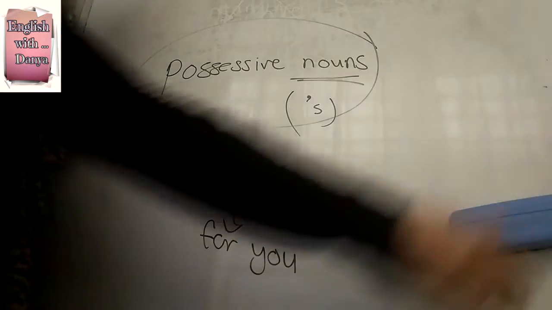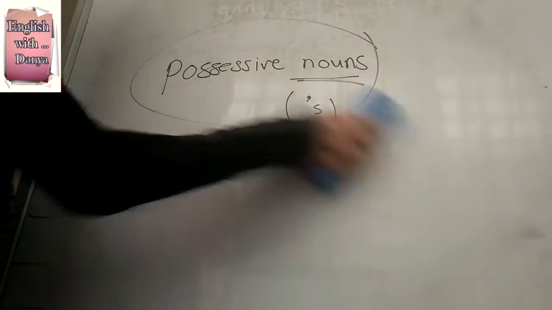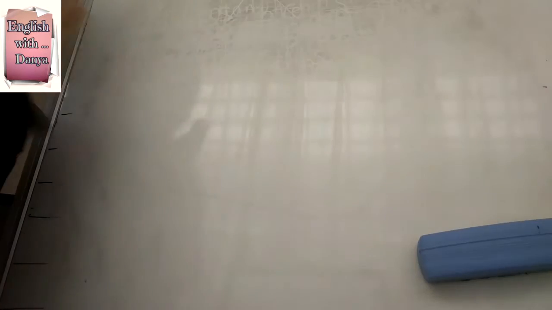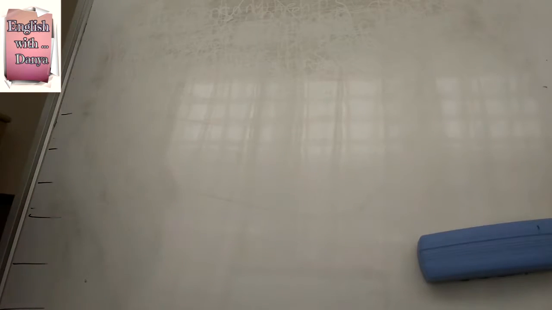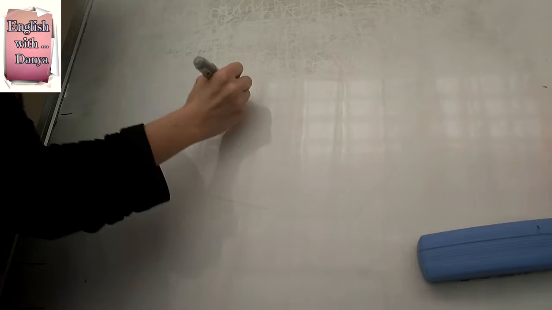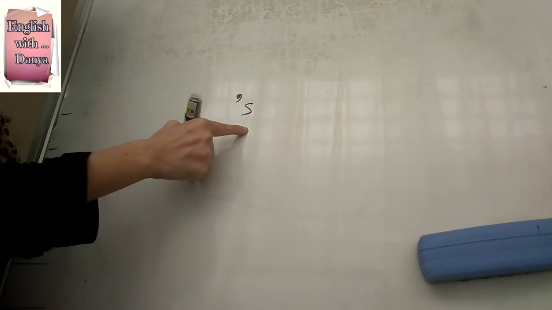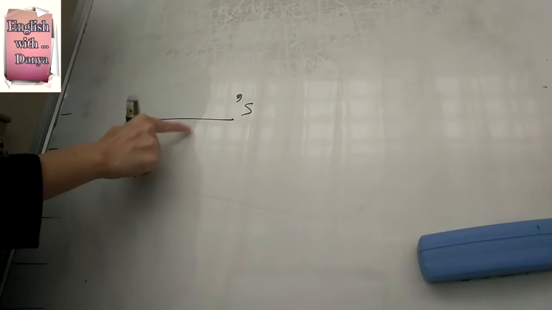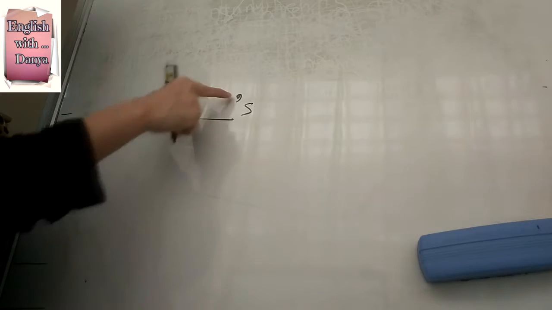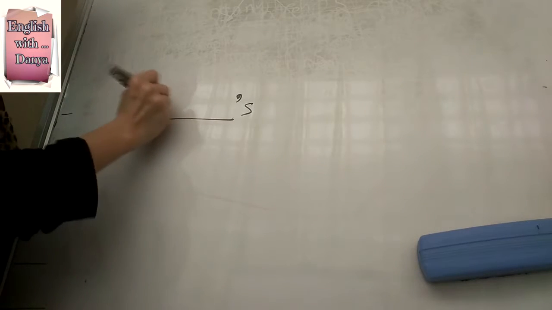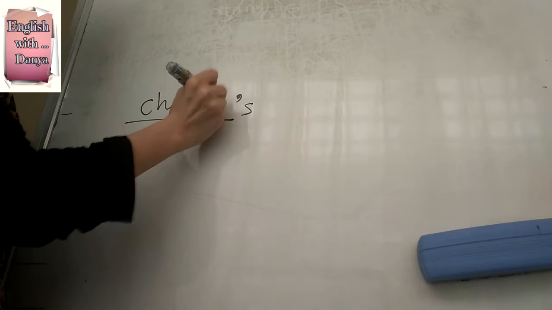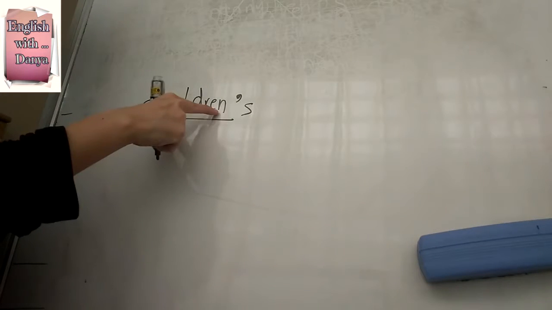What you need to remember, guys, is that there is one thing you need to be careful about. If you want to use apostrophe and s, make sure the noun does not end with s. For example, children. What is the last letter?